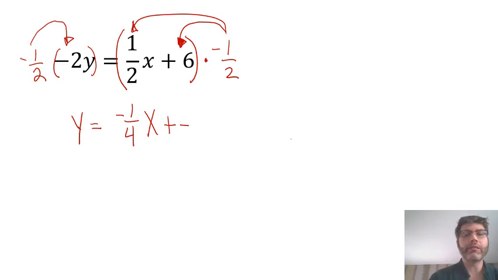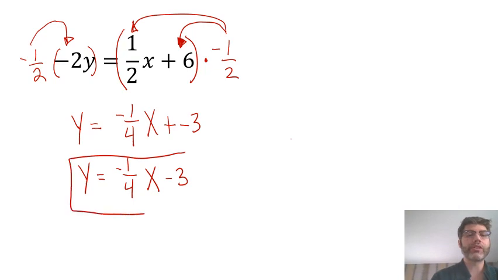So we'll add a plus -3. Then you could just finish out the equation by saying it's y equals -1/4 x minus 3. This is an equation that you can graph because now you know that the y-intercept is at -3 and the slope is -1/4. Let's try another one.